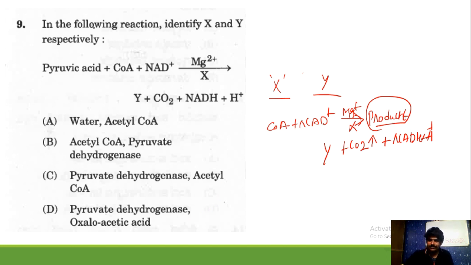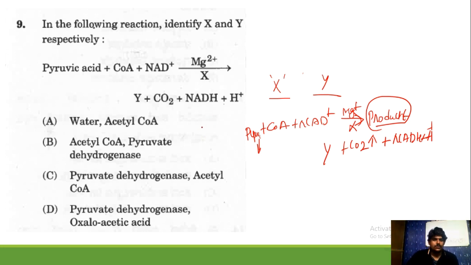So if pyruvic acid has to be degenerated, then which option is best, we will look into it.